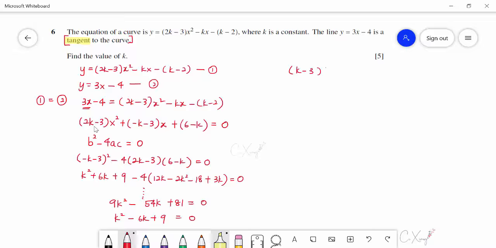You'll get k minus 3, k minus 3 equals 0. So you can see that you have only one value of k, which is k equals 3. Okay, so for this question, because of the keyword tangent to the curve, when you solve it, we are using b squared minus 4ac equals 0.